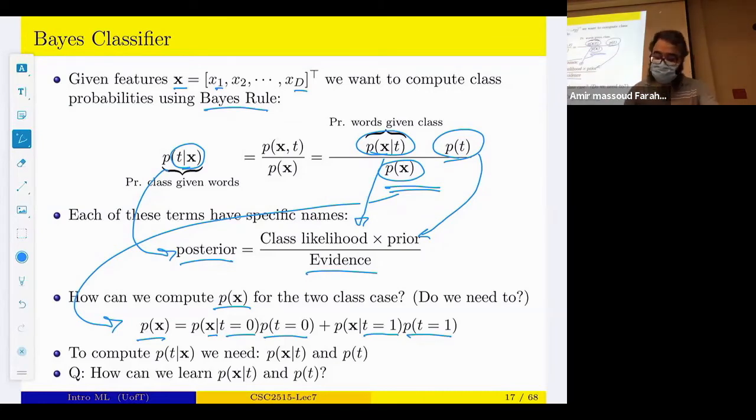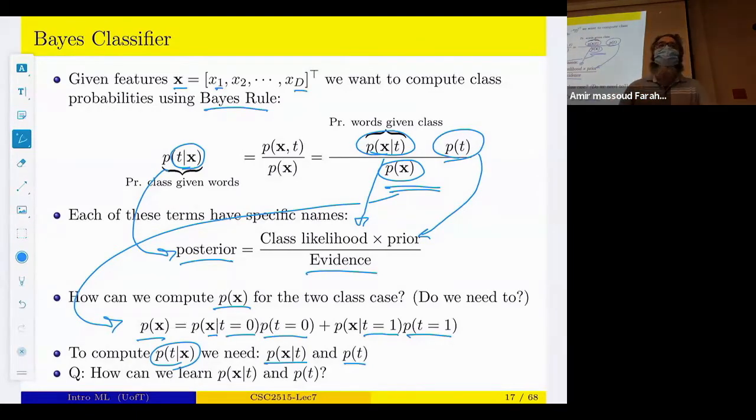So to compute P of T given X, what we actually need is the information P of X conditioned on T and P of T. If you have that information, you can define the Bayes classifier without any problem.